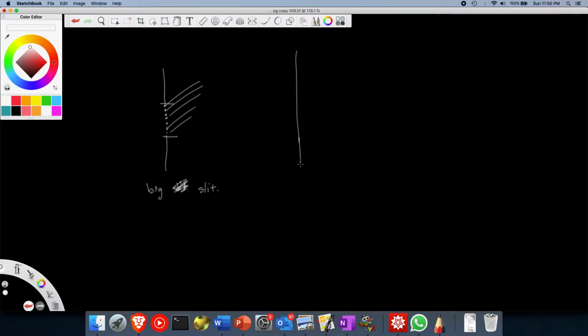And depending on the angle that they differ from the horizontal, they might destructively or constructively interfere. So today we'll explore the destructive interference of this single slit diffraction, big single slit diffraction.